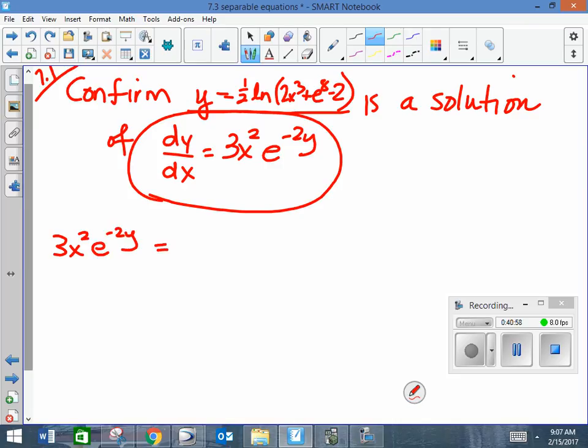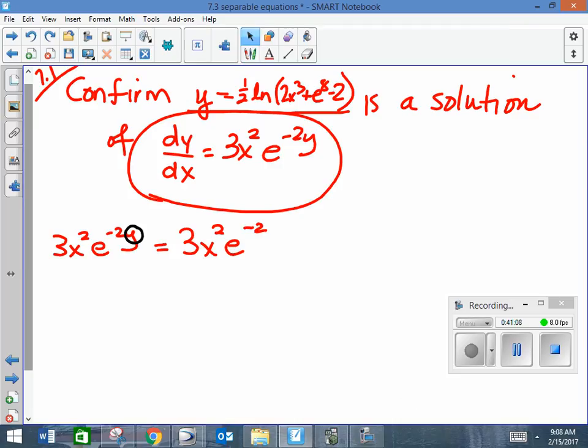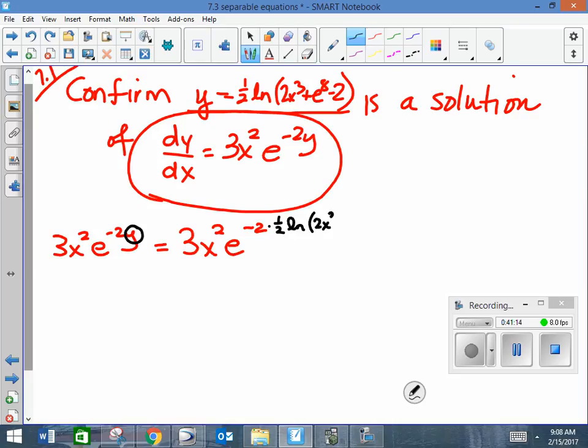Okay, we're going to plug in our y. All right, 3x squared e to the negative 2 times our y, which is 1/2 ln of 2x cubed plus e to the 8th minus 2. Okay? What does that become?